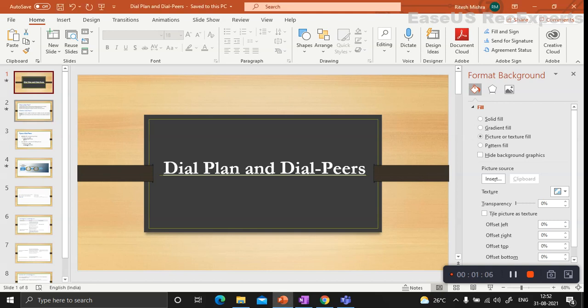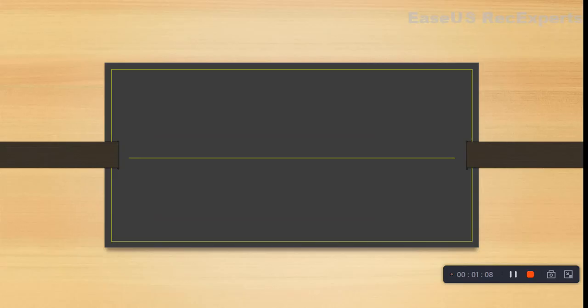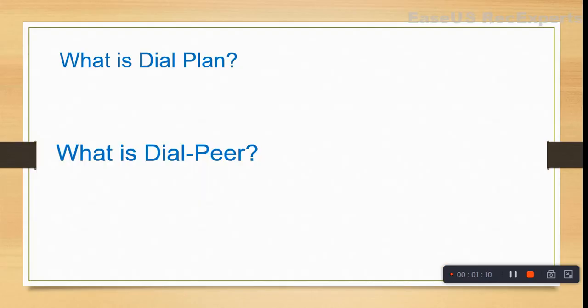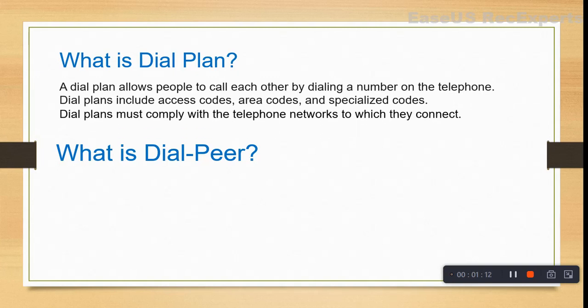So when I say dial plan, it's the way you dial a number to reach people, and this varies from country to country. It will let you know how to dial a number, what specialized codes and area codes have to be used before you can connect to a number.